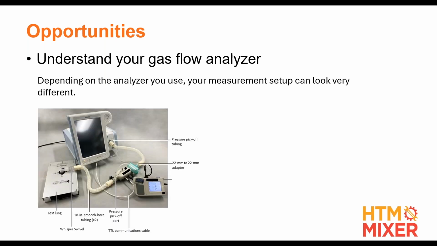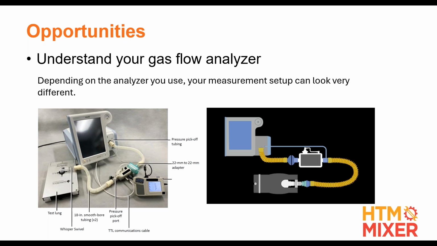Okay, the one that we showed earlier, this of course is one setup. There's an analyzer here, and it's got a flow module, it's got a pressure T, it's got an oxygen T, a lot of different connections there, and then of course it's got the display module. A fairly complex setup, but it works, right? But there are other options.